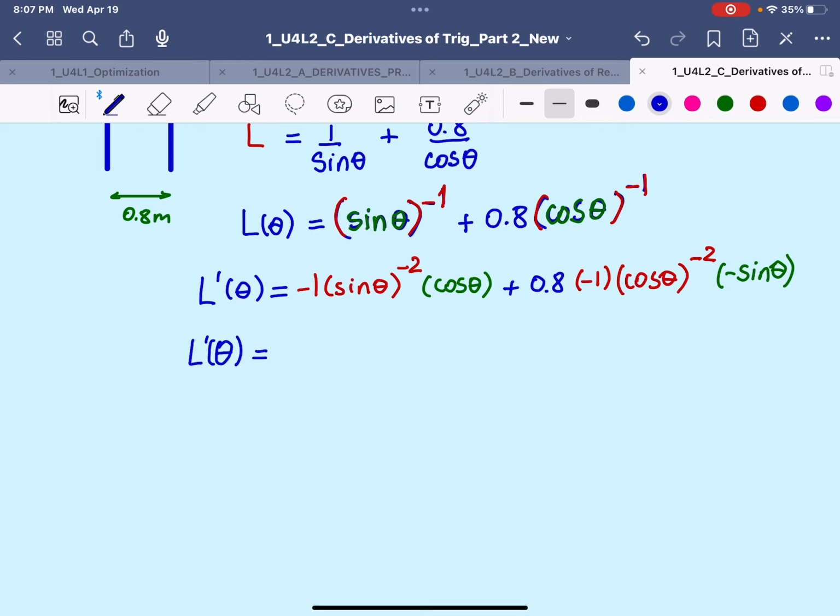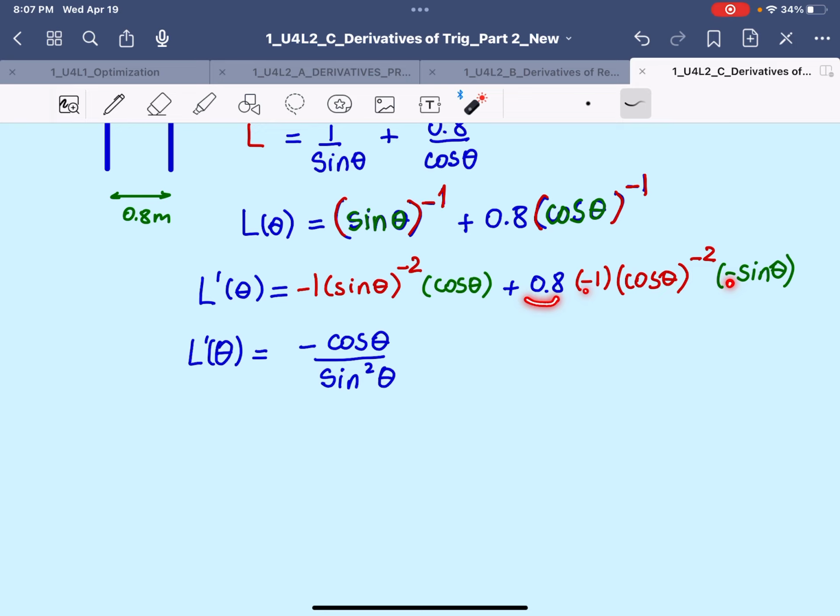Now continue simplifying L prime. We have -1 multiplied by cos theta, and we'll bring the power -2 term into the denominator. So we have negative cos theta over sine squared theta. And in a similar way here, we're combining some terms, so a minus and a minus will make a plus.